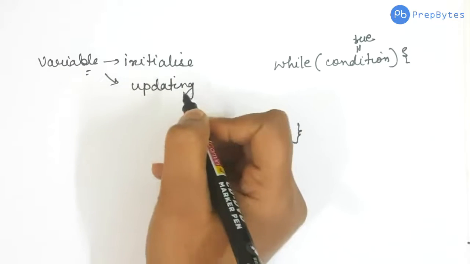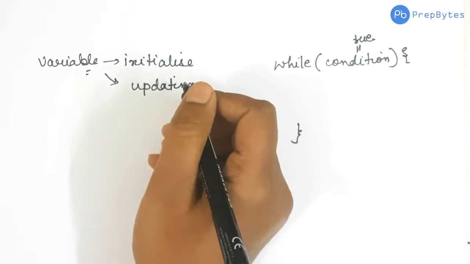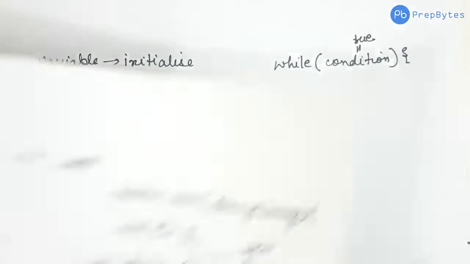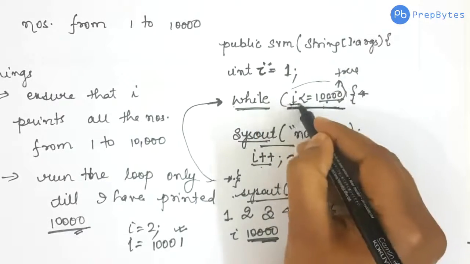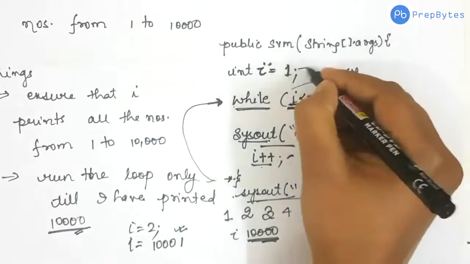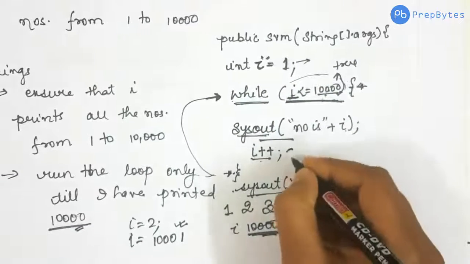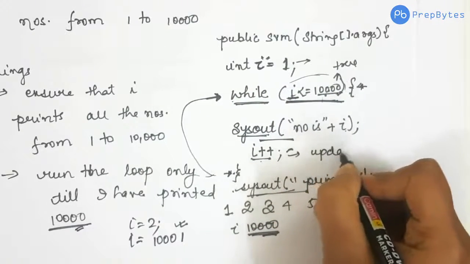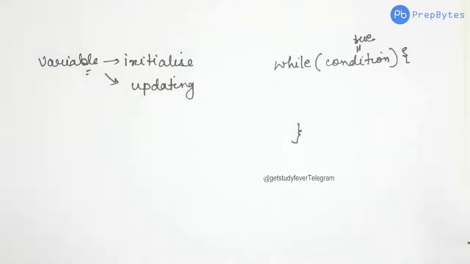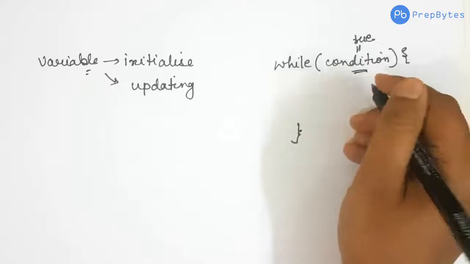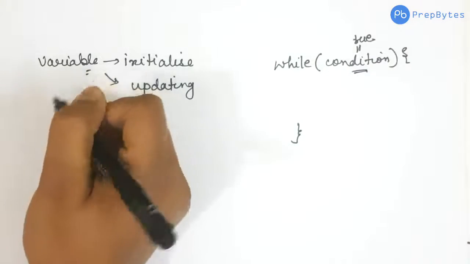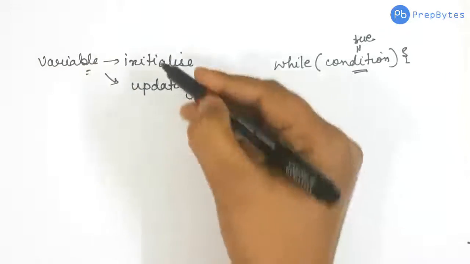So if I go back to the previous slide, here my variable was I. The condition was based on the value of this variable. So here I was initializing the variable, and here I was updating the variable. So generally, depending upon the question, certain things change. But generally how it happens is that this condition is based on the value of some variable, and somewhere you have to initialize.